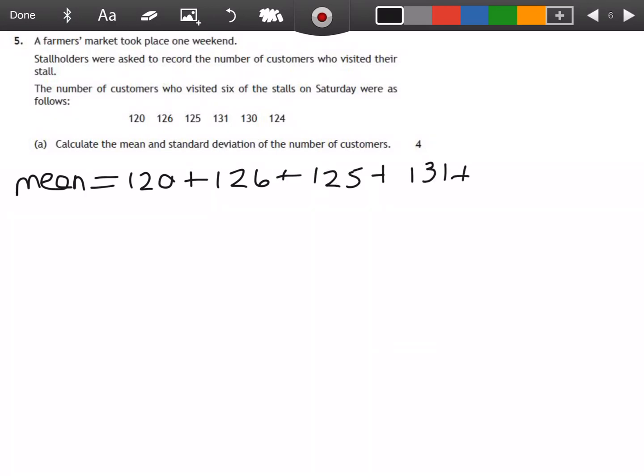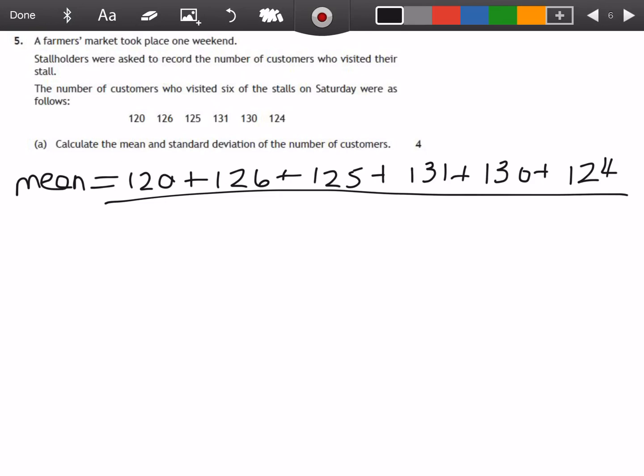We add them all up. Get the total. And divide it by 6, because there's 6 numbers. Just take your time keying these numbers in. I am expecting a whole number. It's not always the case, but most times it is.